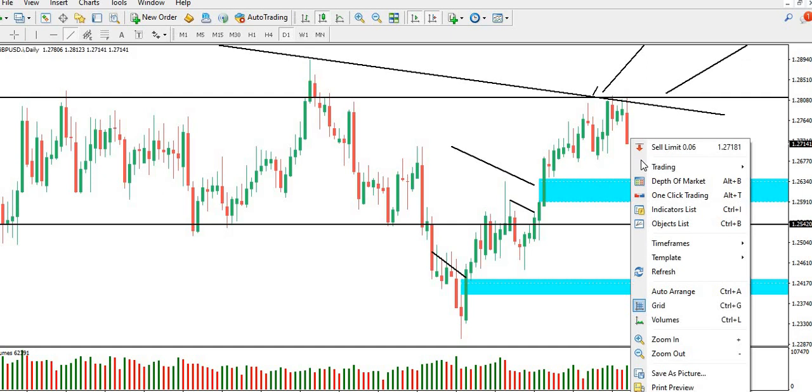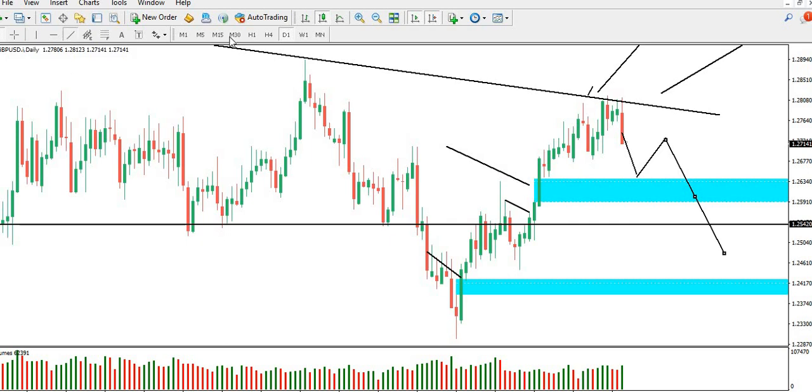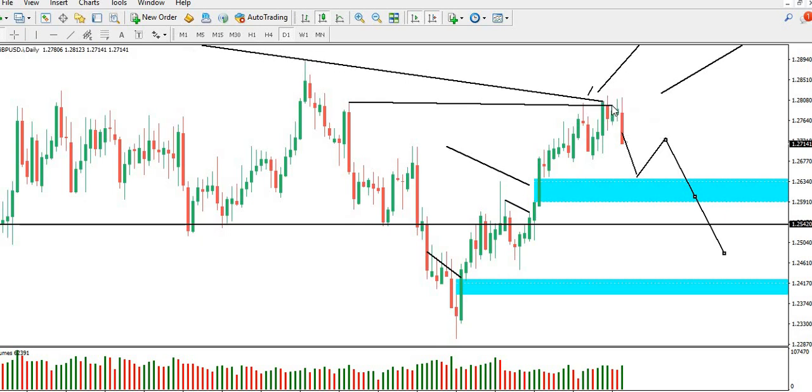The market will make an impulsive move. The market will make a retracement move. We see here the market has created relative equal highs.